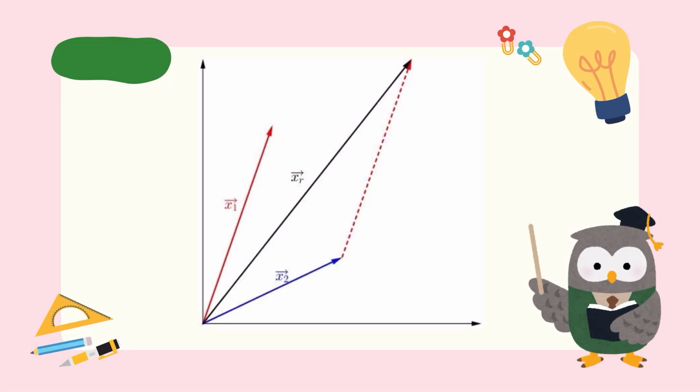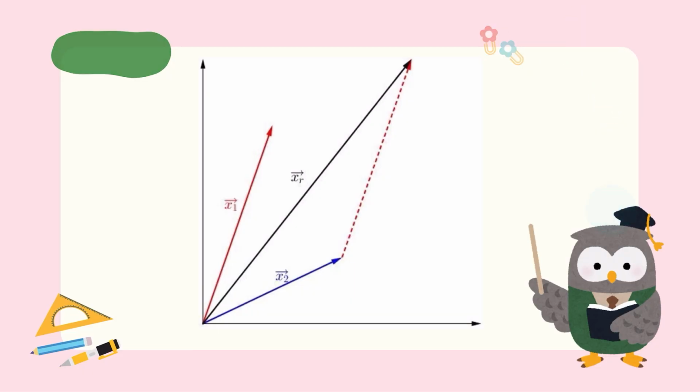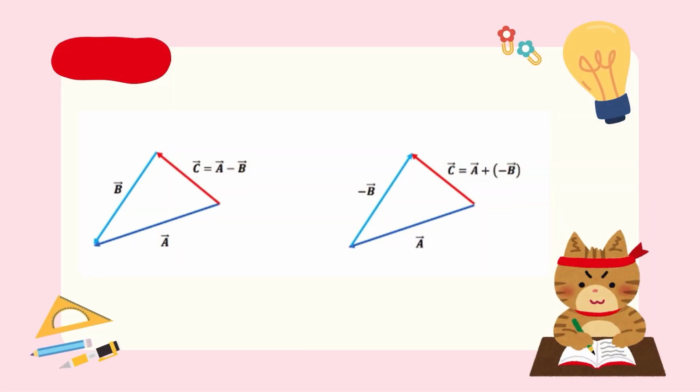Let's move on to subtraction. Let's say we want to make a minus b. We can convert a minus b into a plus negative b, where the opposite vector has the opposite direction but the same magnitude.